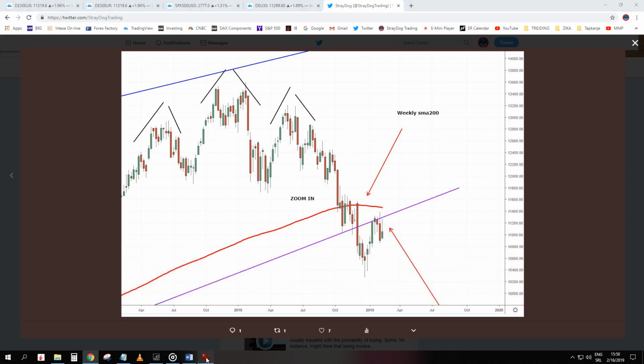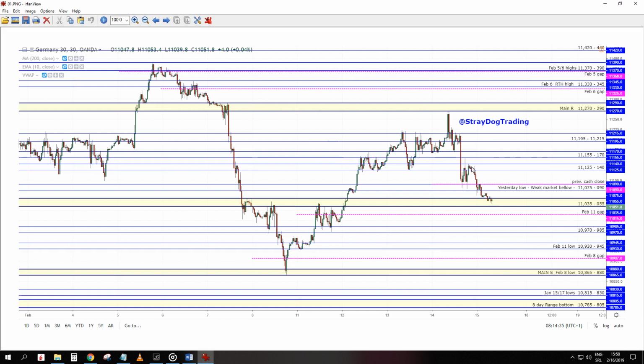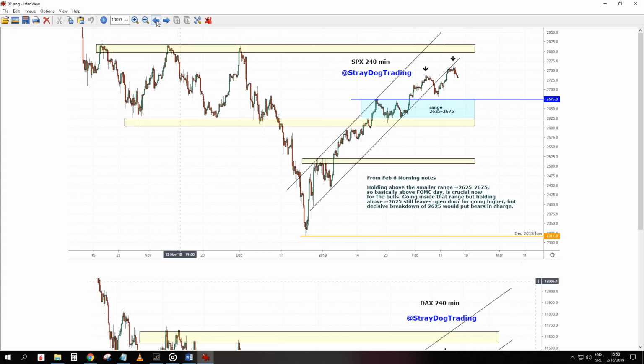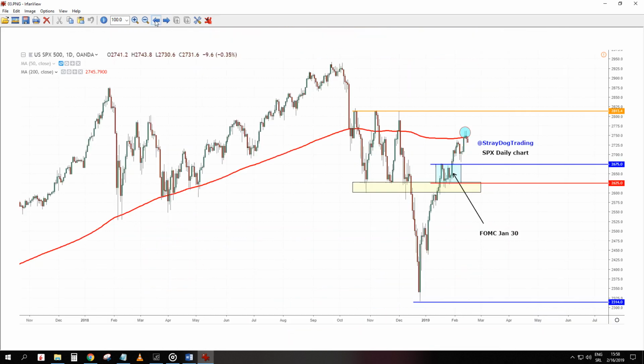And this was the chart that was posted before the open, a zone chart, along with other charts. And there was this chart also on 240 minutes, and there was an additional chart of the S&P.